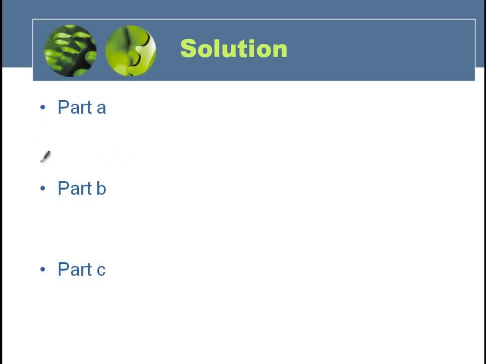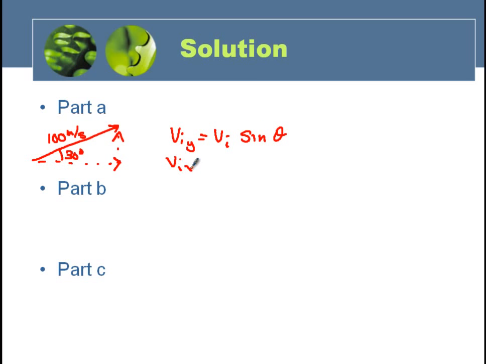So, part A was find the components. So we draw our vector. Since it's at an angle, it has an x component and a y component. And it was 100 meters per second. So VIY equals VI sine theta, VIX equals VI cosine theta.